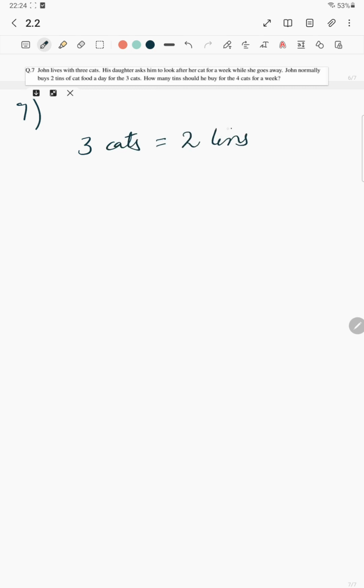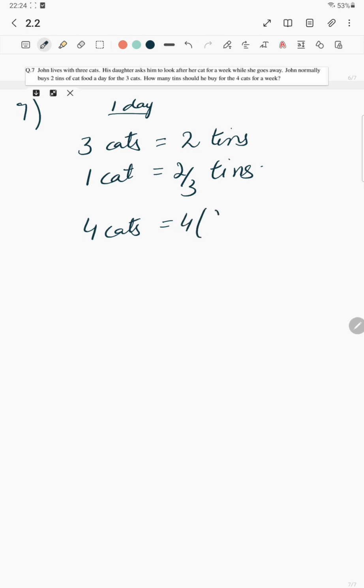We're doing it for 1 day. So the food for one cat would be 2 by 3 tins. And now for 4 cats, the food would be 4 into 2 by 3 tins, that is 8 by 3 tins. And now how many tins should he buy for the 4 cats for 1 week?